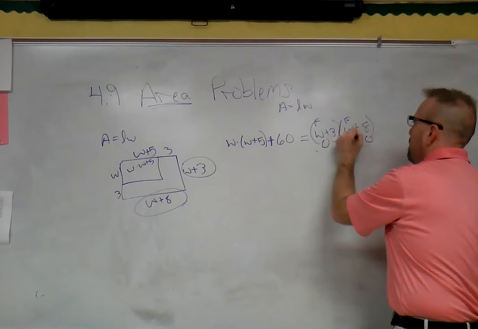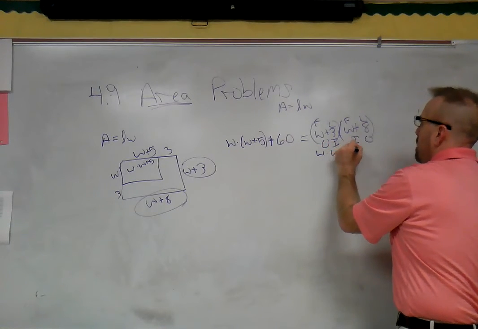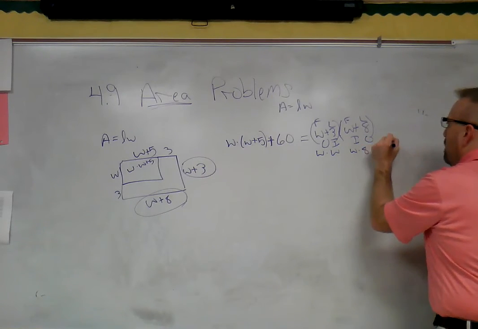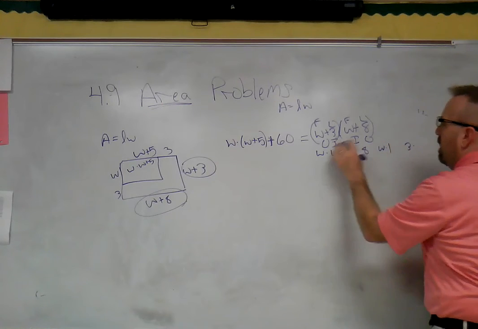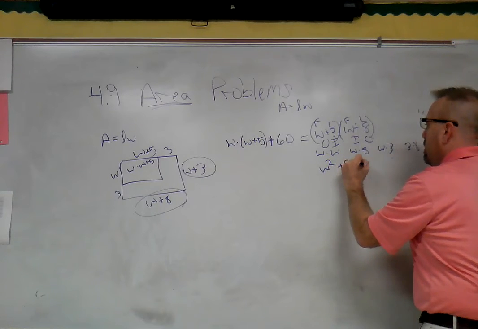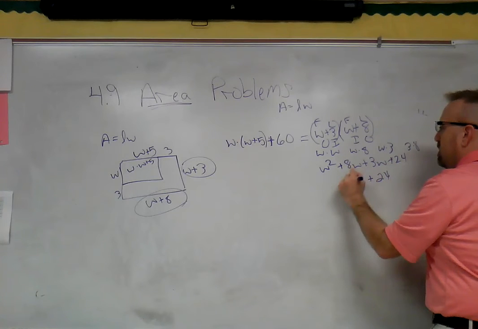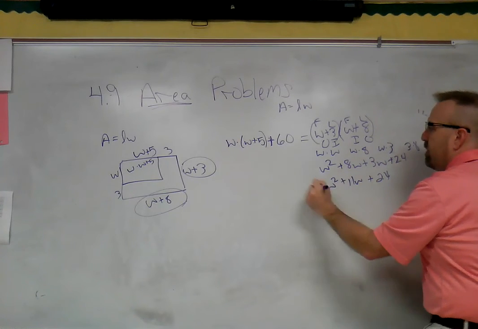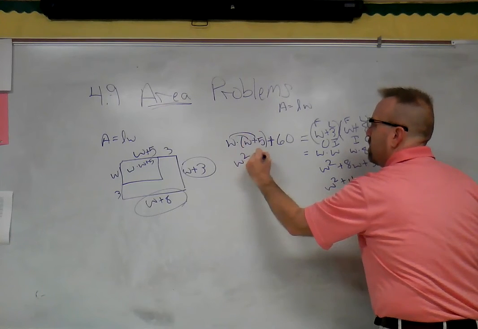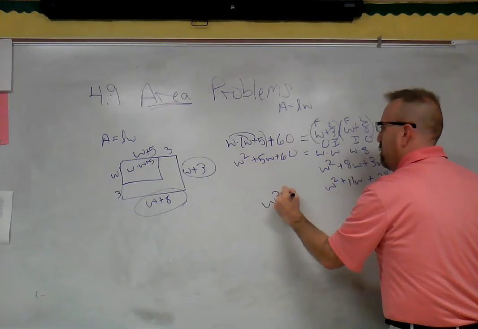Hopefully you're eventually able to not have to write these out. We get W times W, W times 8, 3 times W, and 3 times 8. So W squared plus 8W plus 3W plus 24 equals, over here, W squared plus 5W plus 60.